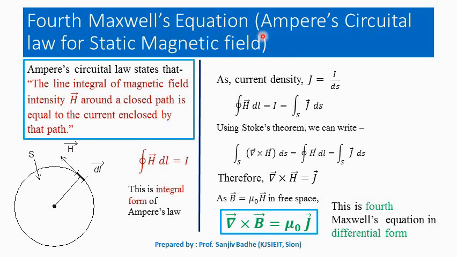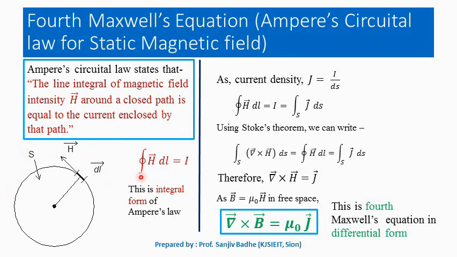Now let us discuss the fourth Maxwell's equation, which is based on Ampere's circuital law. This equation gives the relationship between current and the magnetic field created by it. According to Ampere's circuital law, if we have a closed path through which current I is flowing, then the magnetic field will be induced due to this current, and the line integral of intensity of this magnetic field around this closed path will be equal to current enclosed by that path.